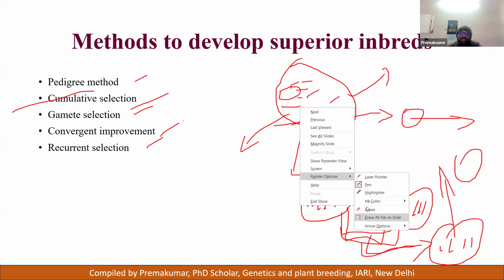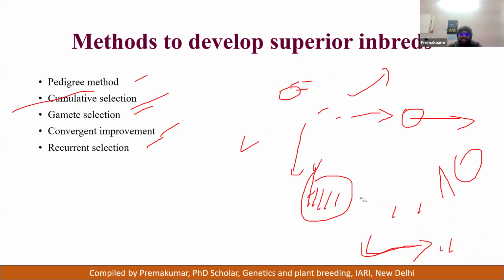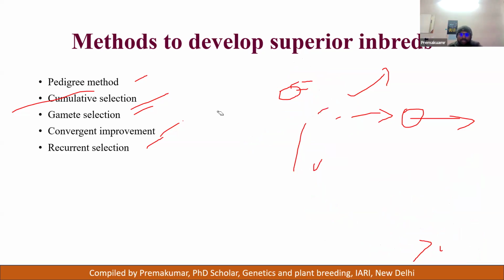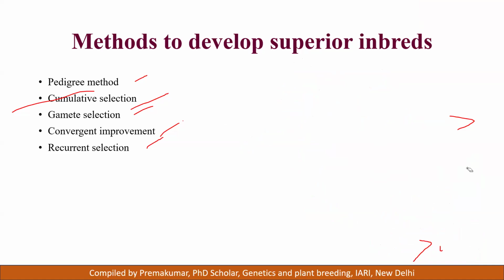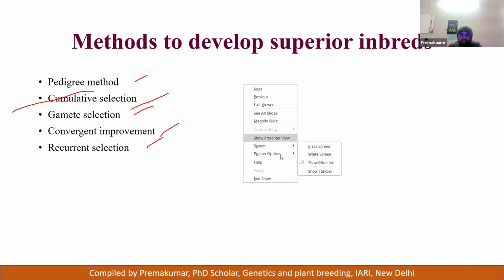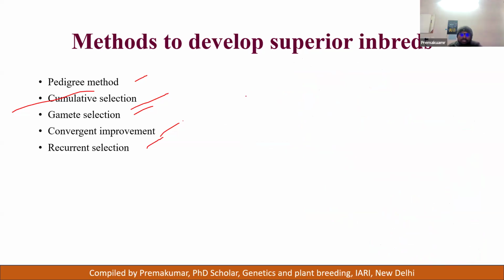Then another method is called gamete selection. Who gave gamete selection? Stadler. Gamete selection is nothing but, for example, you take a source of inbreds you want to improve.